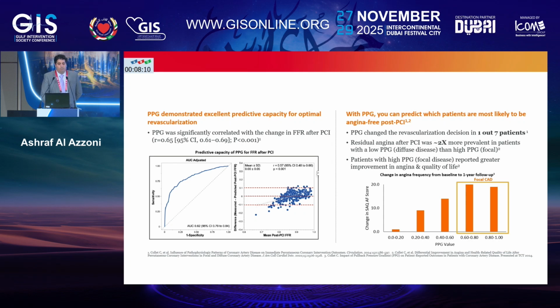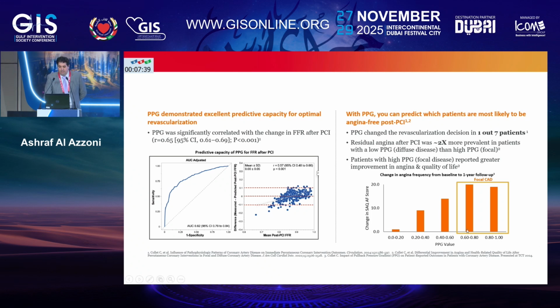What is important about PPG is that they actually looked at the PPG done for cases and looked at what the final FFR was once they did PCI. And they found that it can help you predict what the final FFR will be when you do PCI. And when they looked also at the major adverse cardiovascular events and angina and so on, they found that you can actually predict if the patient will do well afterwards and if the angina will go away with PCI.